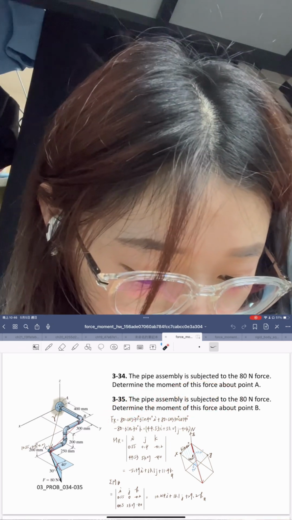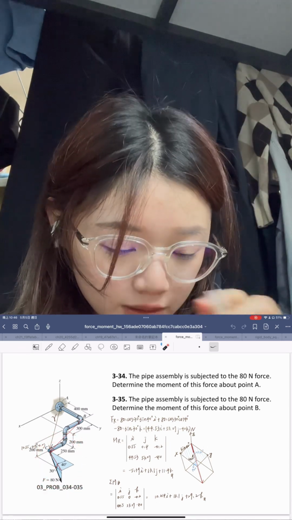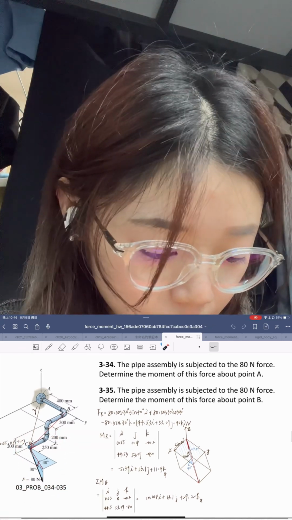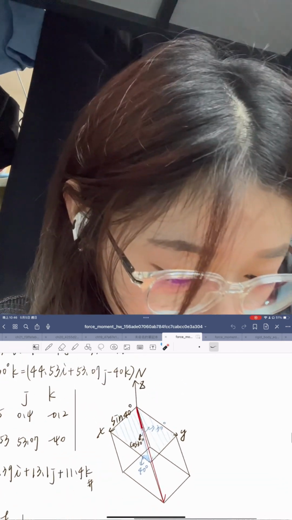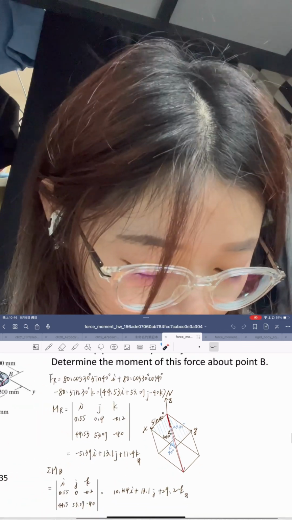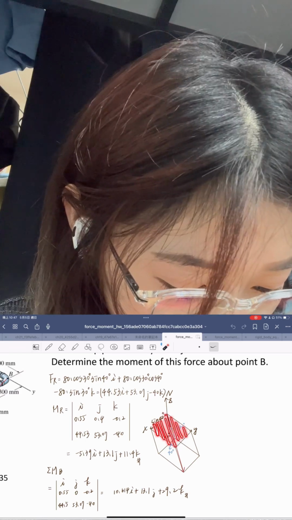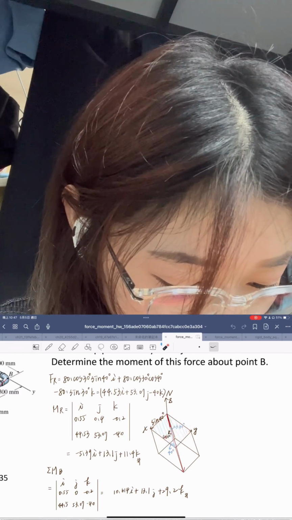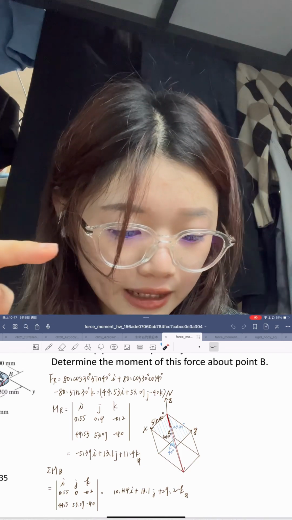Okay, with this picture, maybe it is a little bit difficult to know, so I have to draw this picture to be known easily. And the blue line is in this surface, and the red is in the 3D axis.